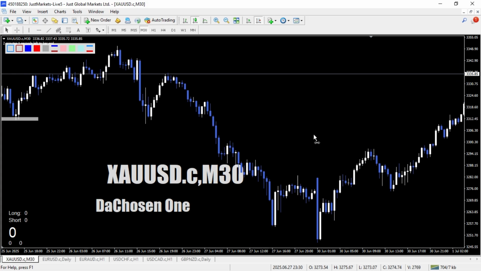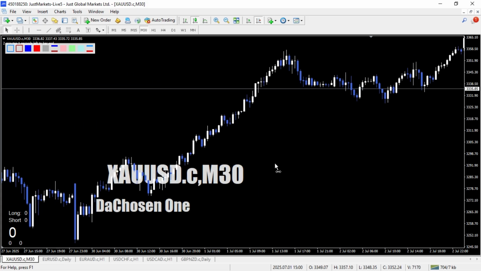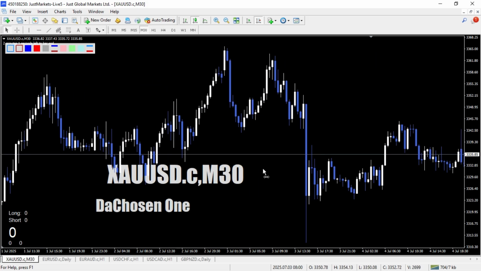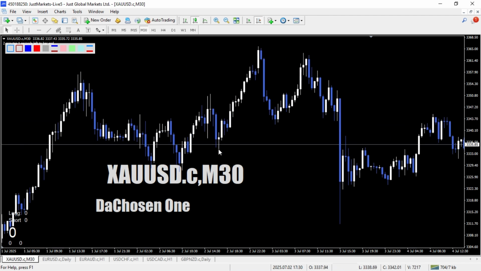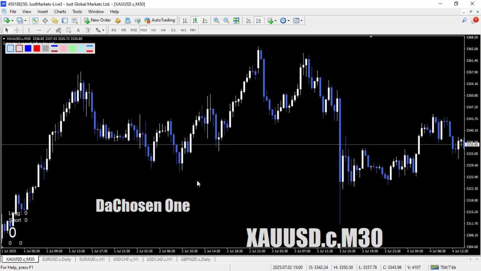Let's look at one last example. The break of structure here, as you can see. There is a QML level over here.